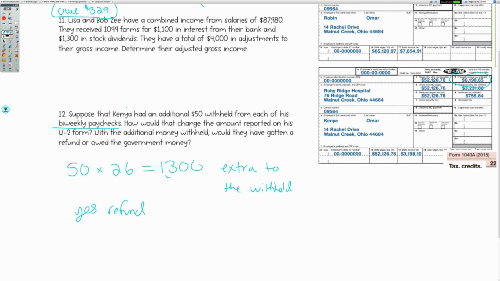Well, we're gonna add their income. We're gonna add the interest. Anything from a 1099 is extra, so we're adding it. We're gonna add their stock, but they have $4,000 in adjustments. We're gonna subtract that. So $87,980 plus 1100 plus 1300, but we're gonna take away 4,000.